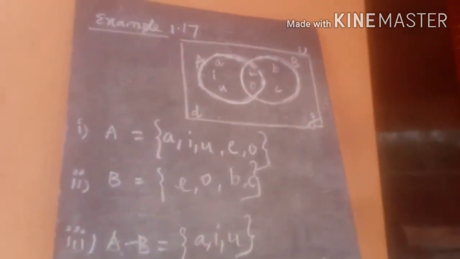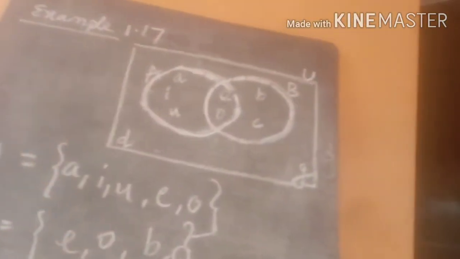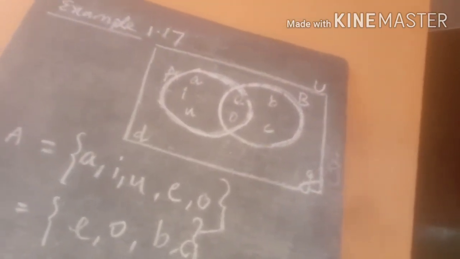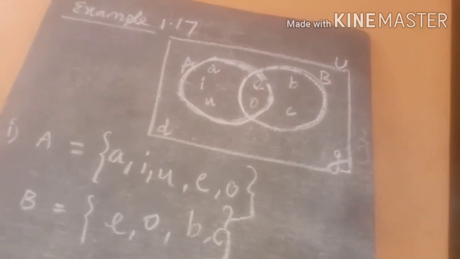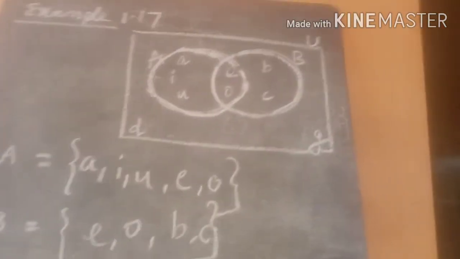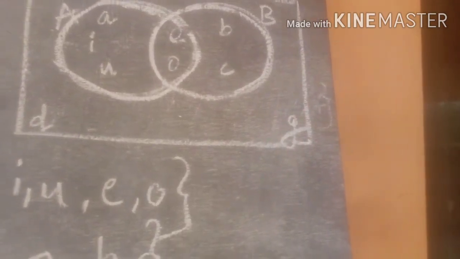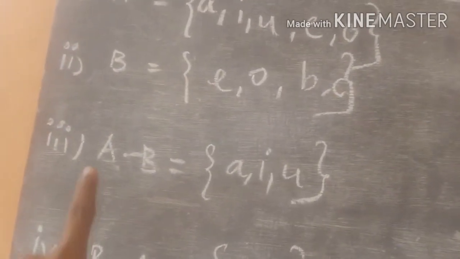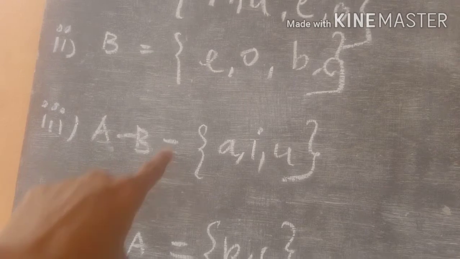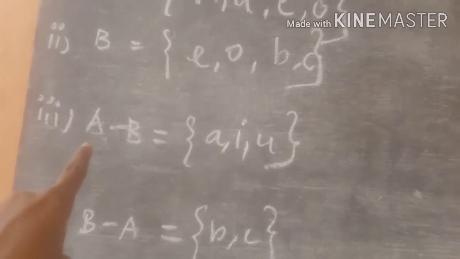Okay, students. So for the A set, you have to redraw or overwrite the A set diagram. What are the elements inside? That is the answer. For the B set, you have to overwrite the B set. What are the elements inside the set? E, O, B, C. That is the answer. For A minus B, minus B means the second set will be held. What are the remaining elements of the A set?